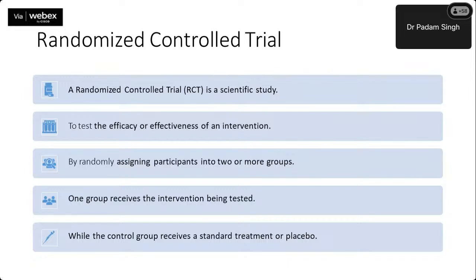So this is a brief about RCT. It is a scientific study to test the efficacy or the effectiveness of the intervention by randomly assigning the participants into two groups, one of which is the intervention group and the other is what we call the control group. Next.